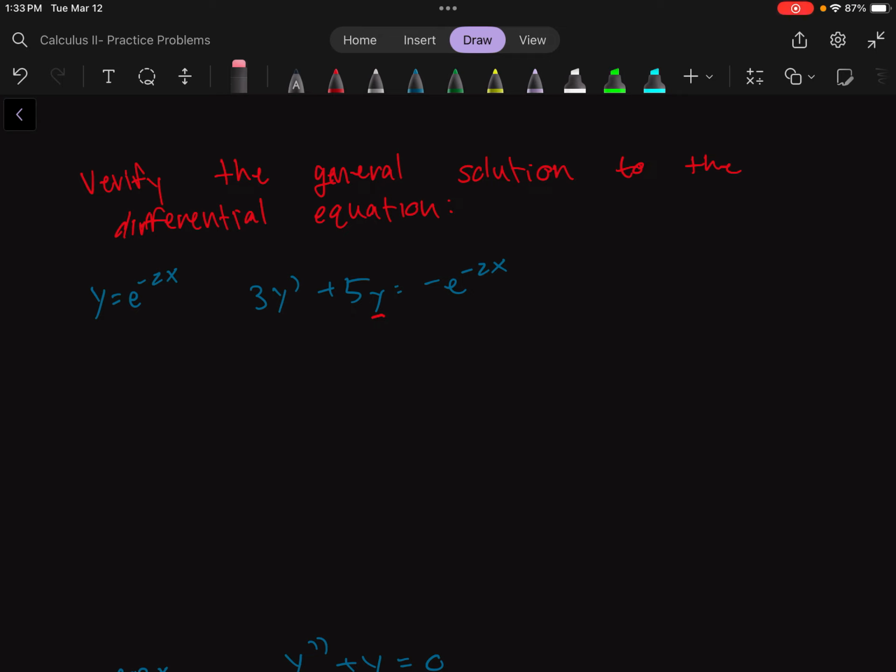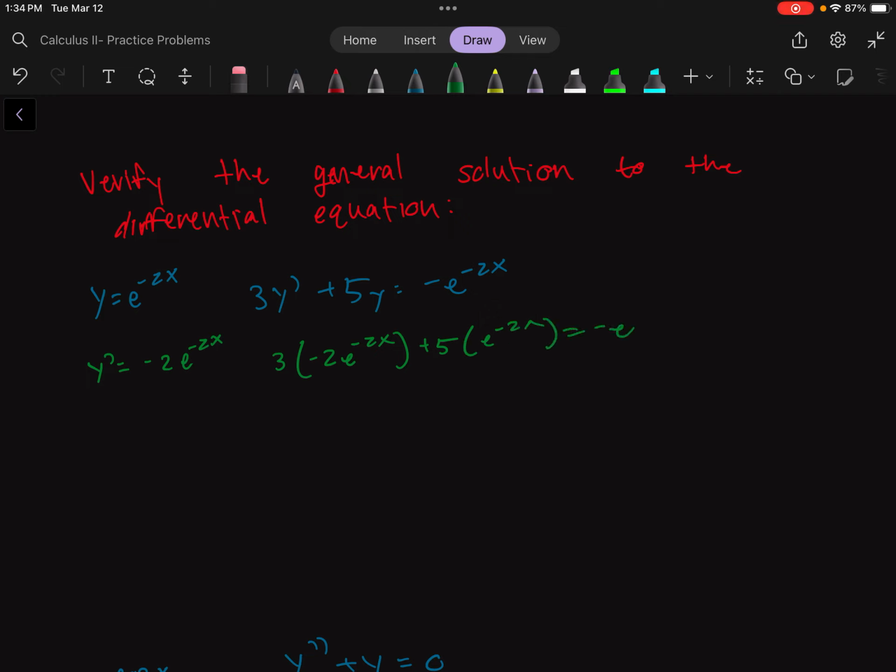So in order to find y prime, let's just find the derivative of this function. The derivative of this function, let's see, a negative 2 e to the negative 2x from the chain rule. And let's plug in. We have 3 times negative 2e to the negative 2x plus 5 times the original function, e to the negative 2x.